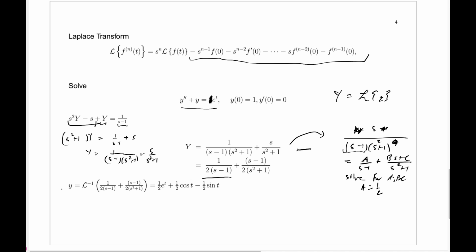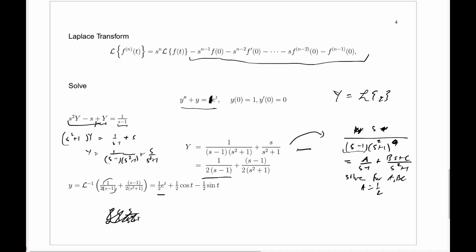To find our solution, little y, we just take the inverse Laplace transform of this. Remember, the inverse Laplace transform of 1 over s minus 1 is just e to the t, so we have 1/2 times that. That comes from the first term. And then here's some which we might have done in class, but if not, I hope you'll work on these in your homework assignment.